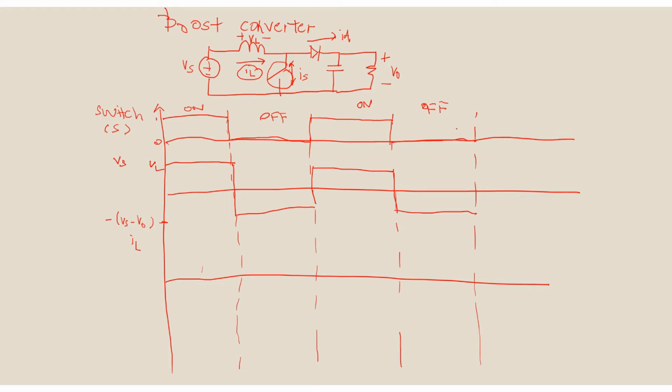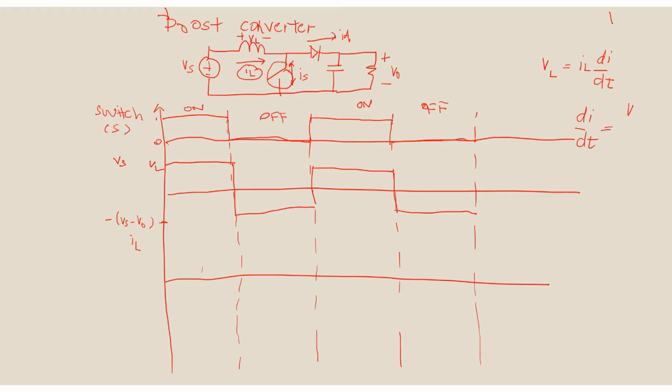Remember when we derived VL equals L times dIL over dt, and then we derived dIL over dt, in the previous class.